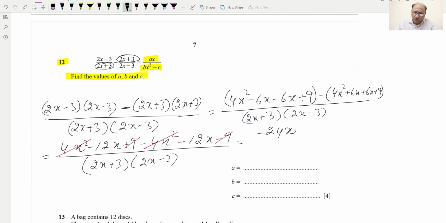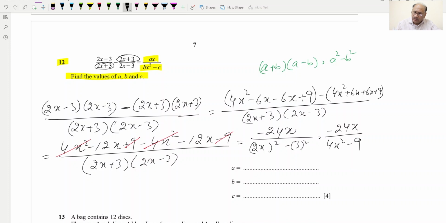and we can write minus 24x over this one. We can use the formula a plus b into a minus b is equal to a squared minus b squared. So this one can be written as 2x squared minus 3 squared, which further we can write as minus 24x over 4x squared minus 9.